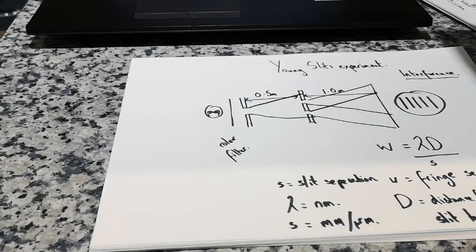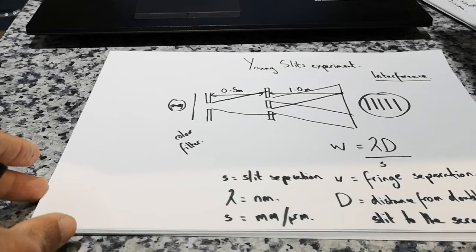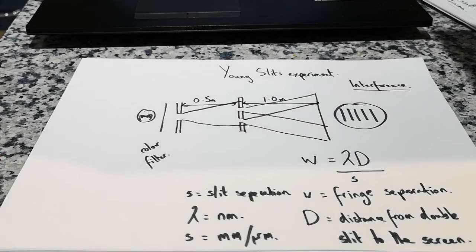So make sure that you can do all the conversions you need to do. But in essence, this is Young's double slit experiment for interference. It draws on ideas of light being diffracted, reflection and refraction are explained with other theories, and we're using a wave theory here.